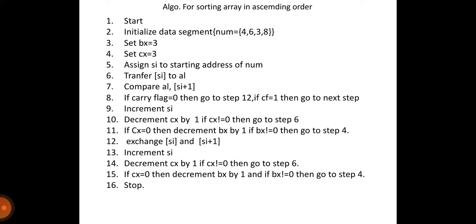If destination is less than source, meaning the first operand is less than the second operand, then the carry flag and sign flag will be set. SF equal to 1, CF equal to 1 when the first operand is less than the second operand.